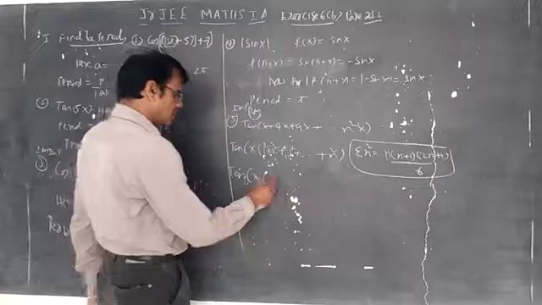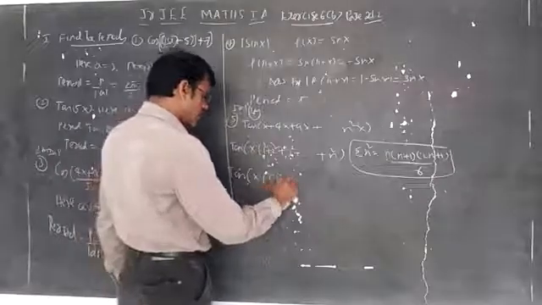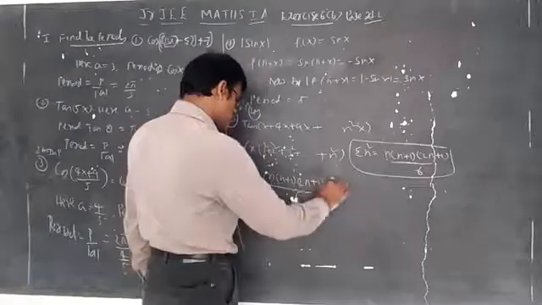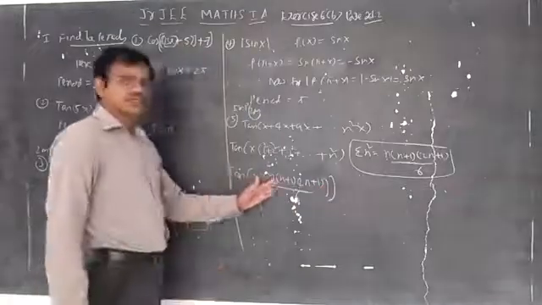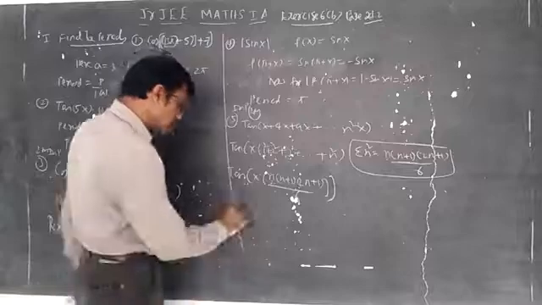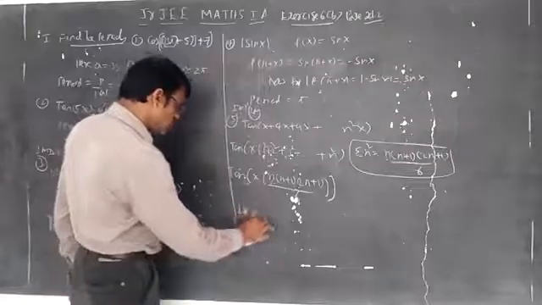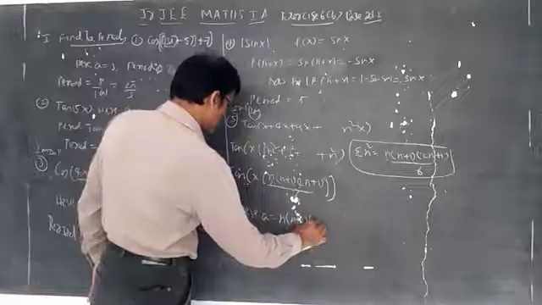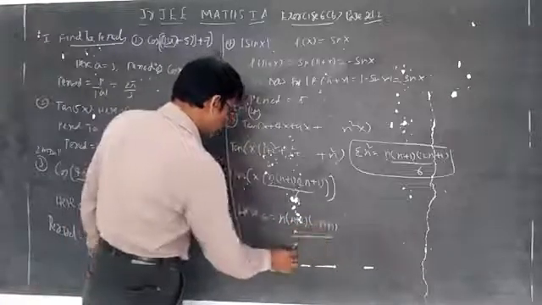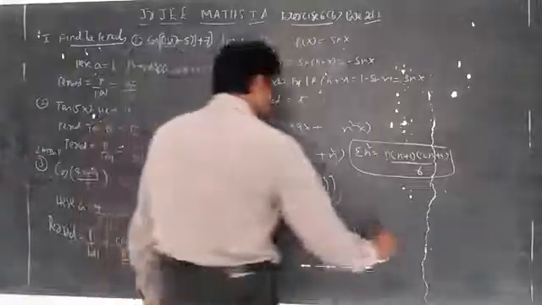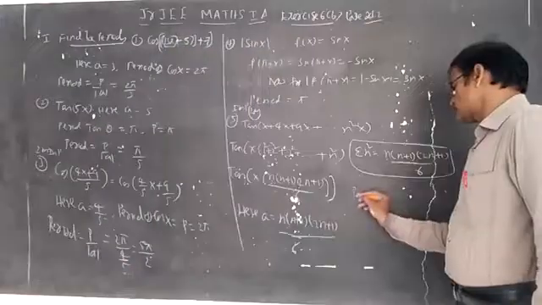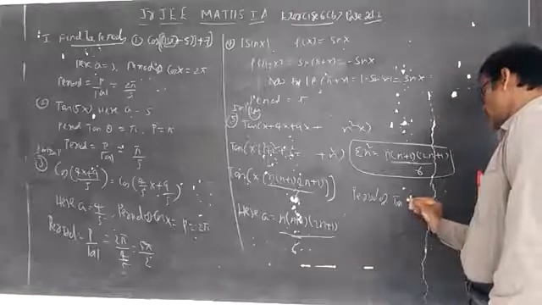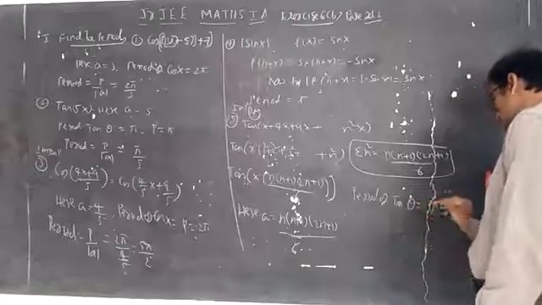So substitute here the formula n into n plus 1 into 2n plus 1 by 6. This total value is the coefficient of x here. Now write a is equal to the total value, n into n plus 1 into 2n plus 1 by 6. Now the period of tan x, or tan theta, is pi.